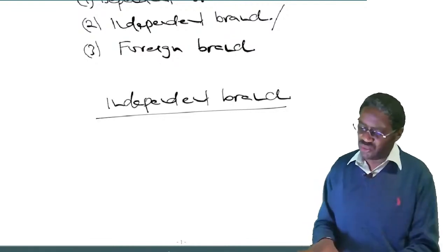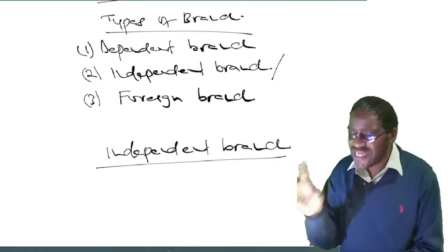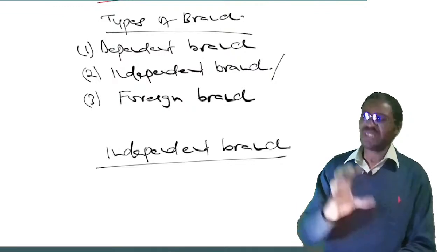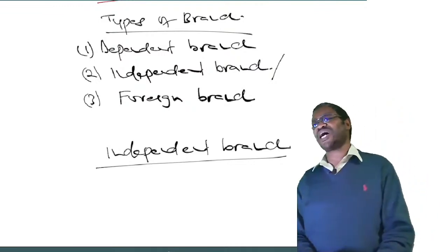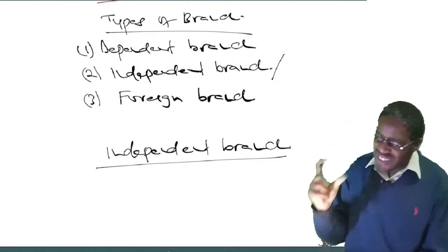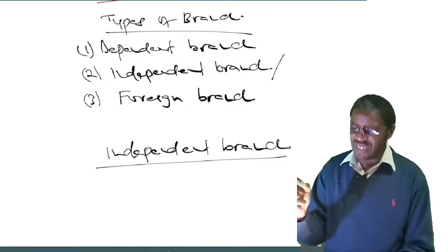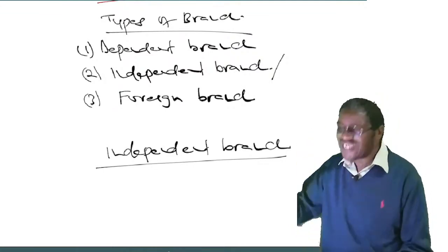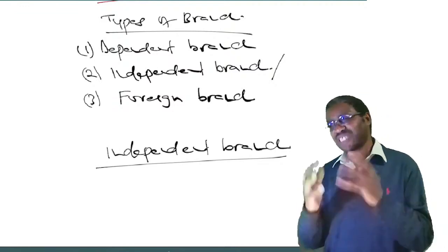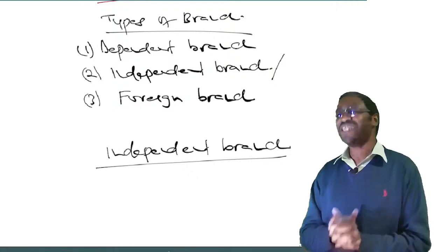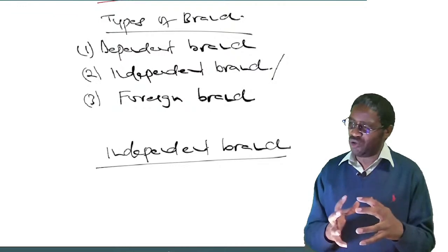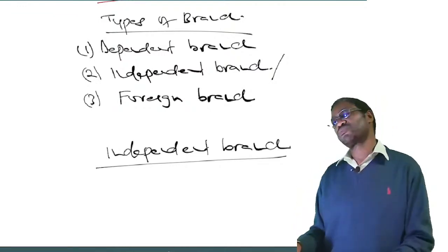That kind of branch we refer to as a dependent branch. But where that outlet is an independent entity from the head office, that kind of branch we refer to as an independent branch. They don't depend on the head office for everything.